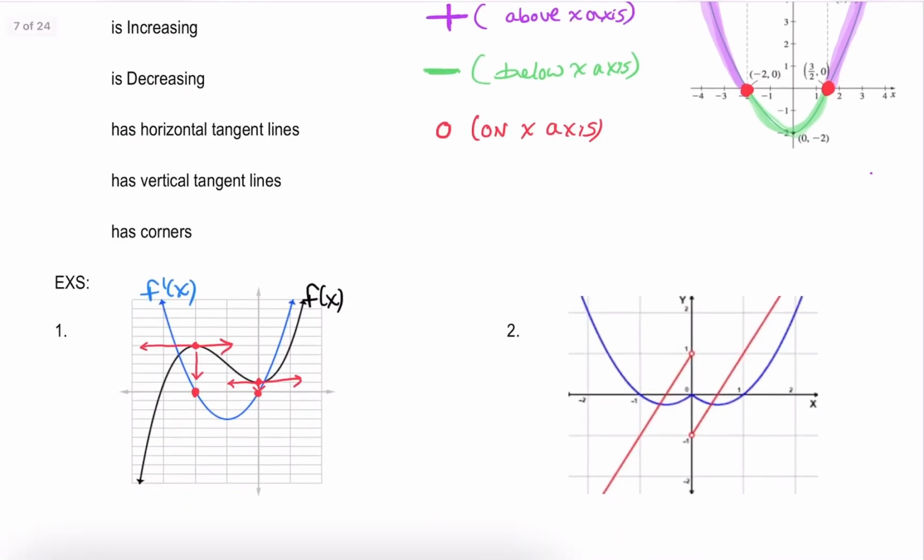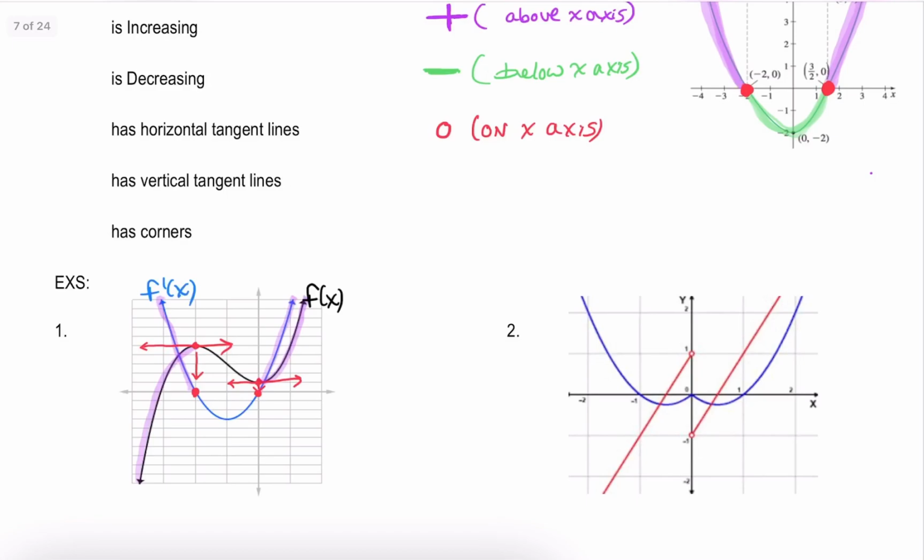So remember, we also said that where f is increasing, and there are 2 intervals where f is increasing, that means a positive rate of change. So those regions should be positive on the derivative. So positive meaning they live up above the x-axis.